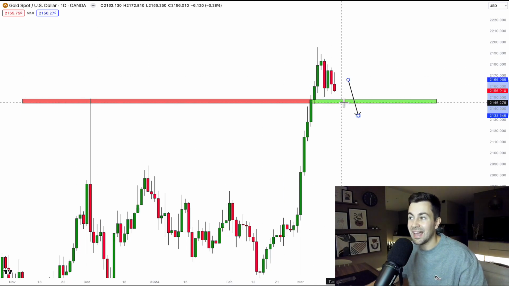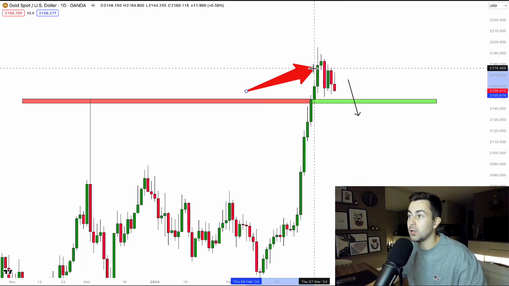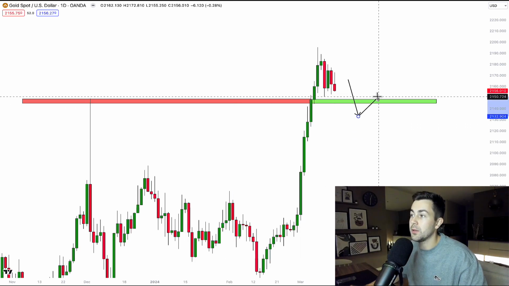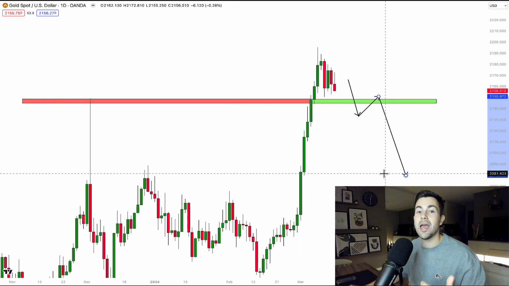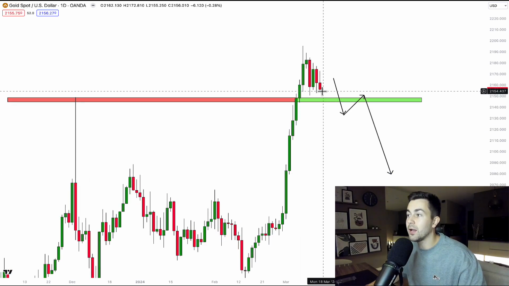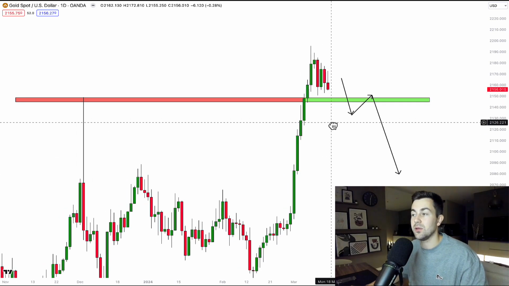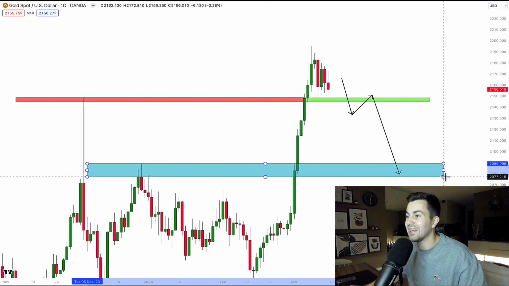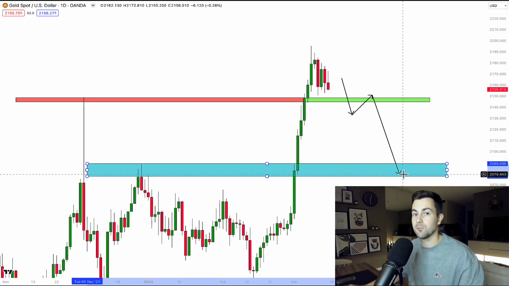If a daily candle closes below that, it will confirm that here we simply got the inducement, the trap. And for you, it will be a perfect opportunity to catch a strong bearish movement. If we close below that green area on a daily, we will expect a bearish movement at least to that horizontal support, so you can have a very nice profit potential.